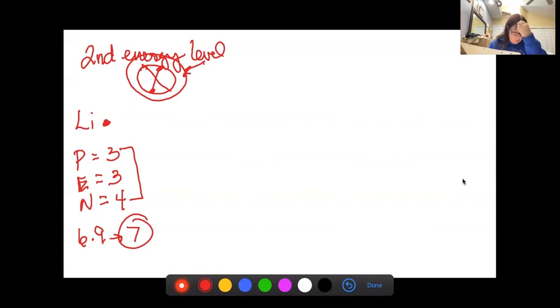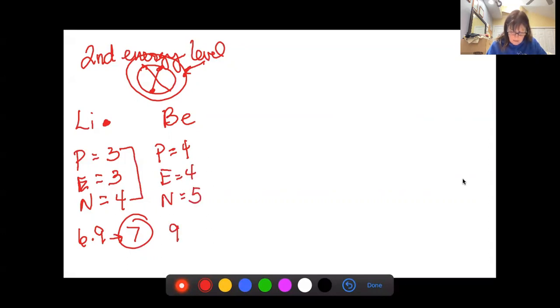Okay. So now I'm going to move over to beryllium. So beryllium has 4 protons, 4 electrons, and it's 9, so that gives me 5 neutrons, right, because these equal our mass.